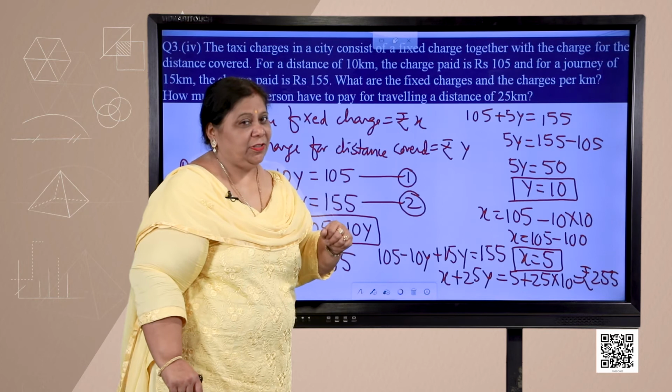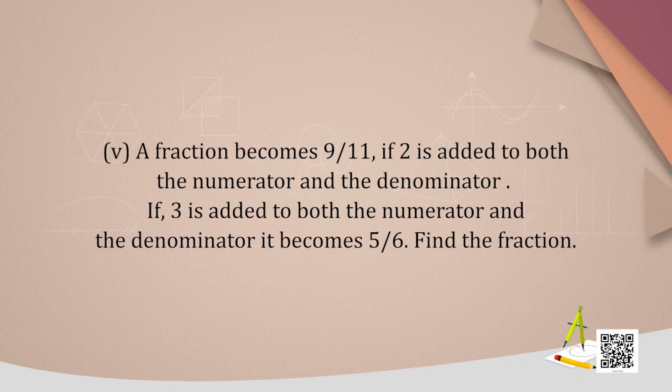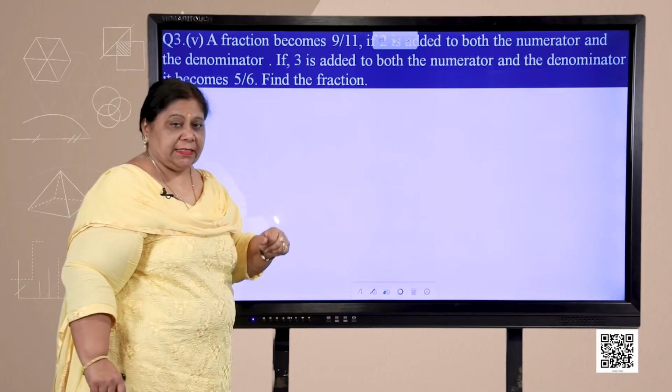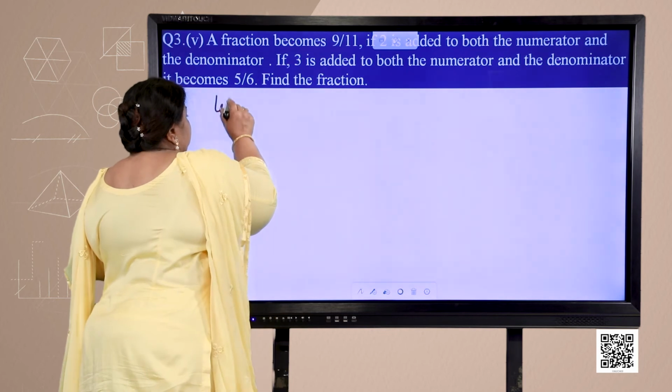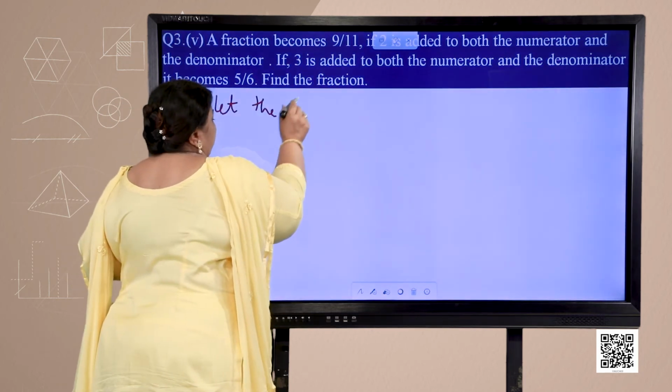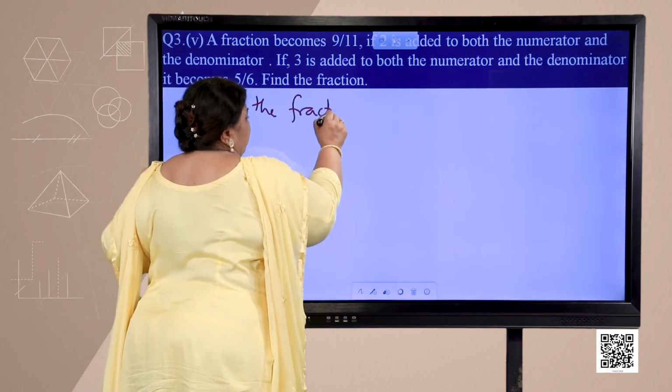Now, let us go to the next question. Here, the fifth part of this question is, a fraction becomes 9 upon 11 if 2 is added to both numerator and denominator. If 3 is added to both numerator and denominator, it becomes 5 upon 6. Find the fraction. So, let us take the fraction as x upon y.